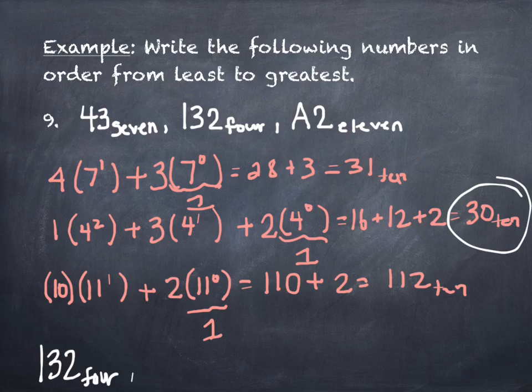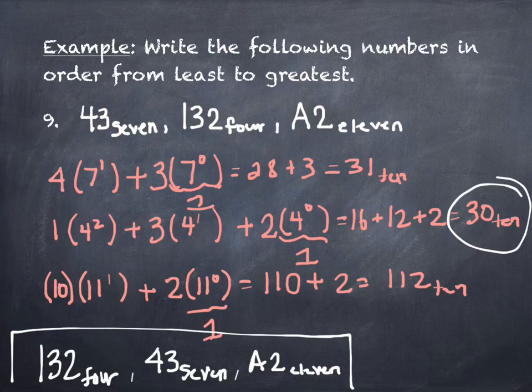The next smallest was 31 base 10, which written in the original form was actually 43 base 7. And then the largest value was A2 base 11. And that would be the correct order from least to greatest of those three particular numbers.